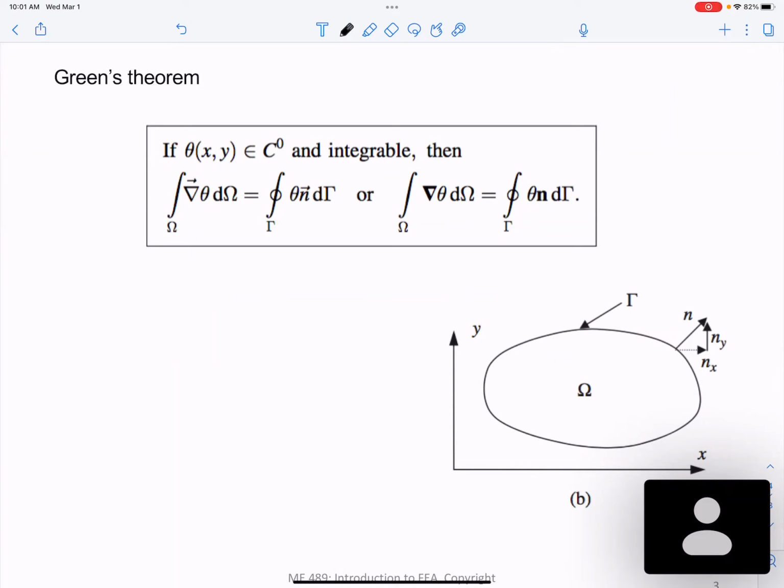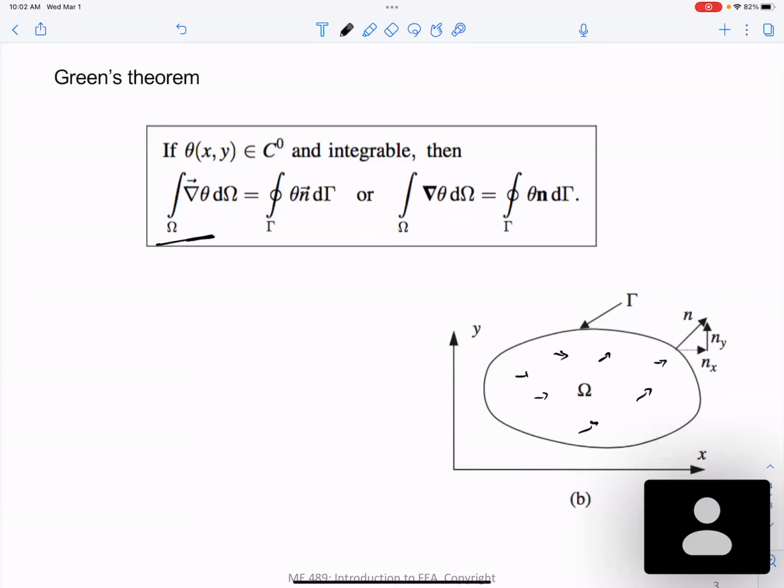Basically what you see there is that the integral of the gradient of a scalar field is the same. I'm not going to do any proofs or anything, but you can see that this is an integral over omega. So if I have a scalar field, for example, the temperature, theta, I take the gradient, I get some quiver plot.